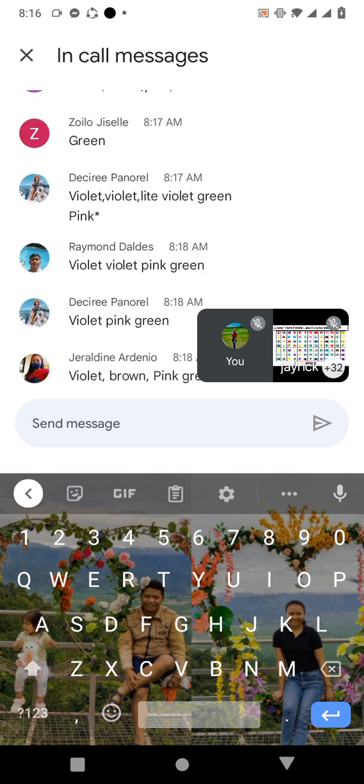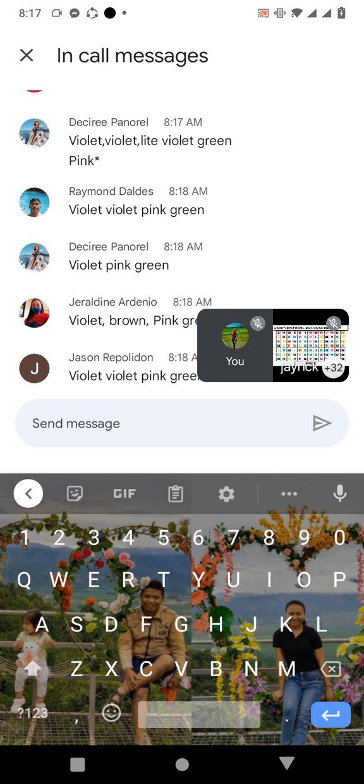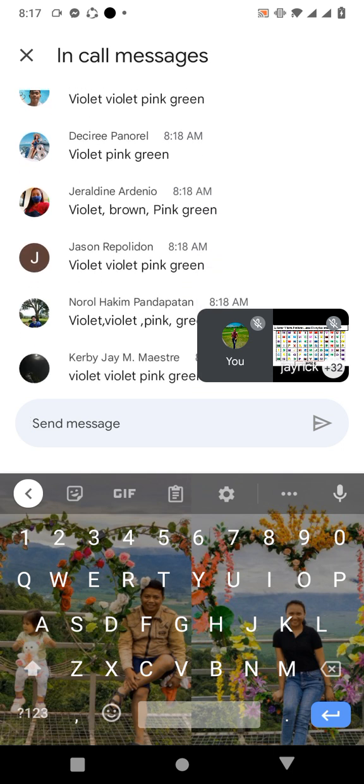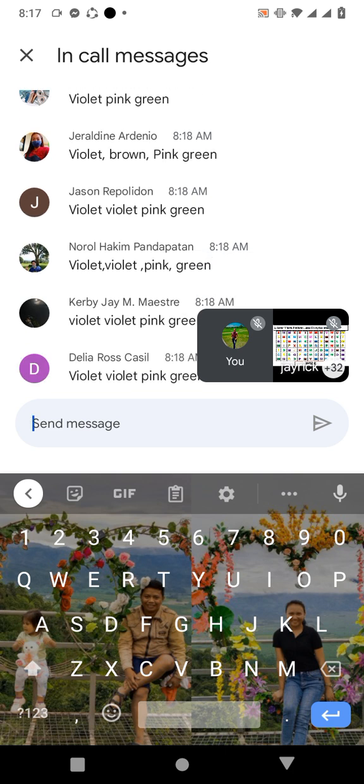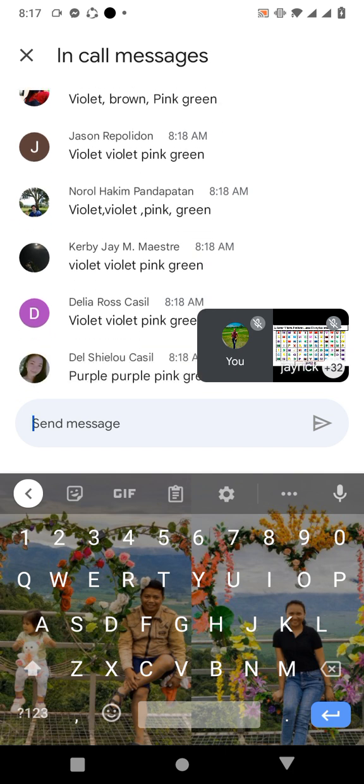According to Ma'am Geraldine Ardenio, we have violet, brown ba? Violet, brown, pink, green. According to Sir Jason Polidon, violet, pink, and green. Okay, very good. You have an additional 5 points.